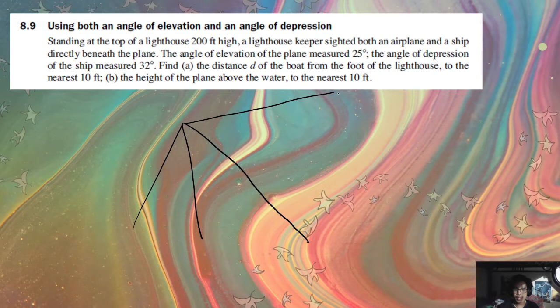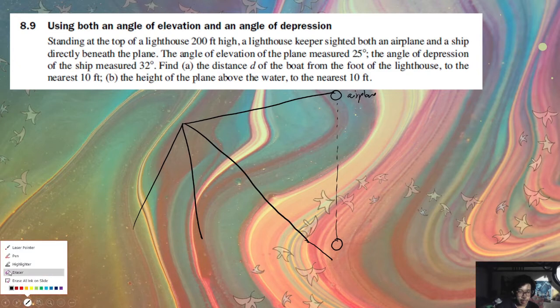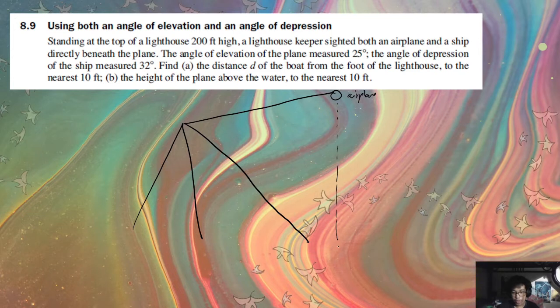So let's say that this is the airplane, and directly beneath it would be a ship. Let's erase that and try to draw it nicely. Okay, let's say that this is the lighthouse.